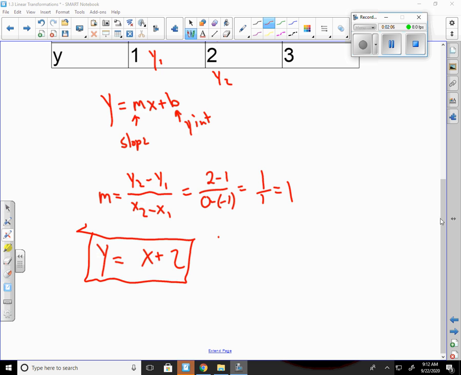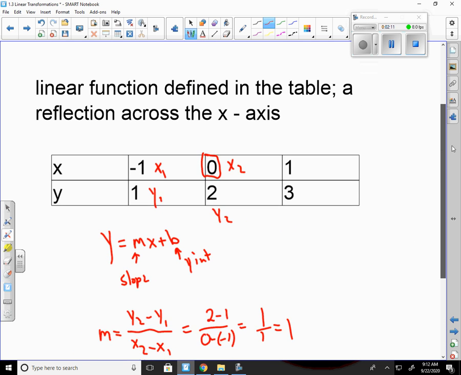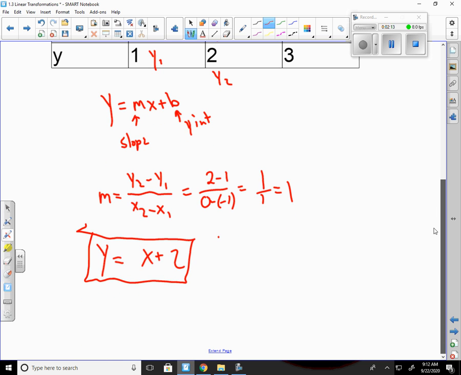Now I have to find my transformation, which is a reflection across the x-axis. If you remember correctly, when it reflects across the x-axis, it's going to make all of my y's negative, which means I'm going to take this entire equation and make it negative.